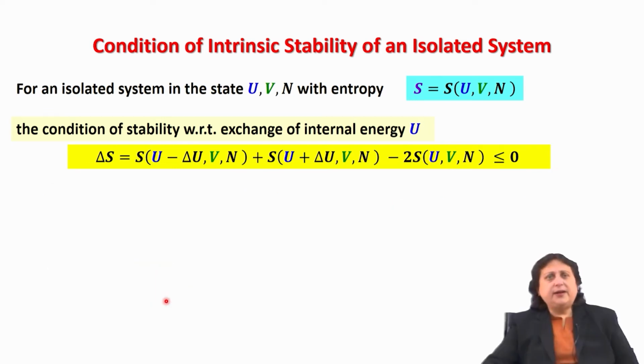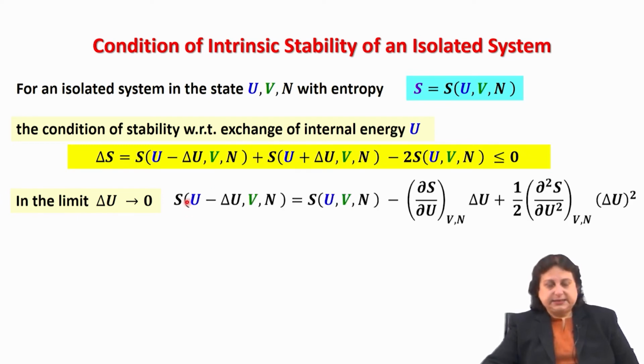Now, in order to derive the local condition of stability or instability, I will take the limit of delta U going to 0. In this limit, I can use a Taylor series expansion. I can write S evaluated at U minus delta U as the unperturbed value of S minus the first term linear in delta U, which involves (∂S/∂U) at V, N as the first derivative term.